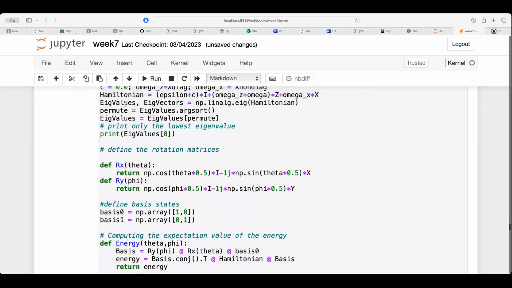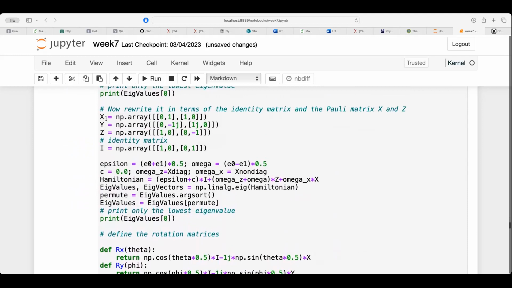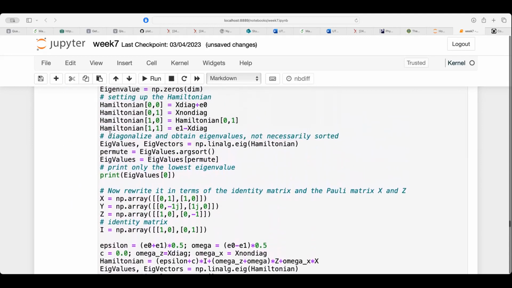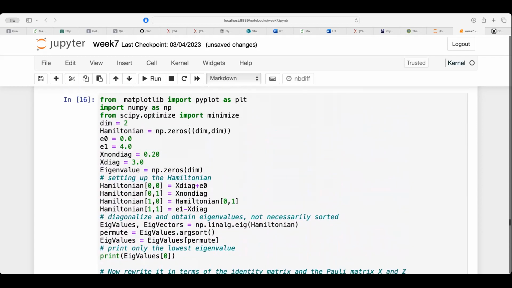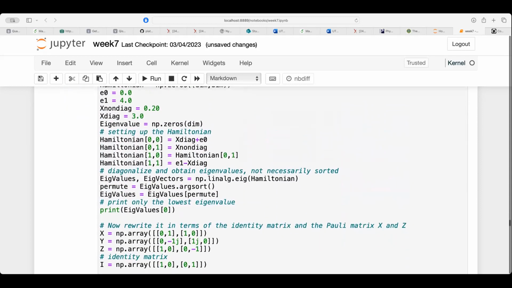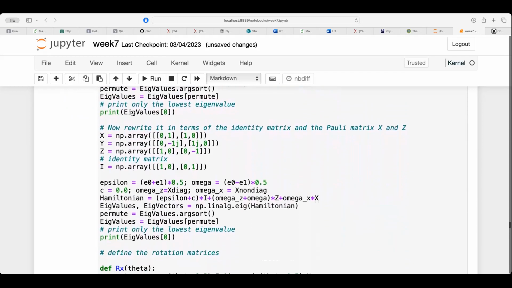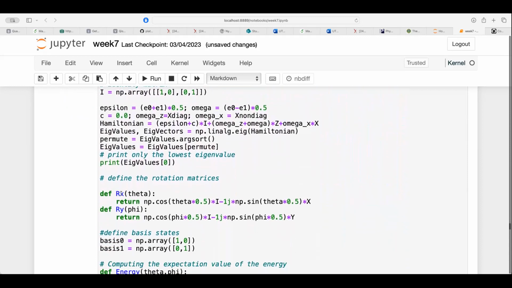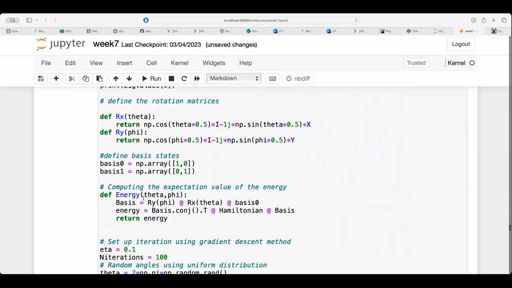So this is the same code as before. And you see now I have my Pauli X, Pauli Y matrices. I have my initial Hamiltonian as before. I have the dimensionality of the system, 2 by 2. I set up the exact eigenvalues, where the lowest eigenvalue is what I'm looking for. I initialize my system. So this is just my Pauli X and Pauli Y matrix, my original basis.